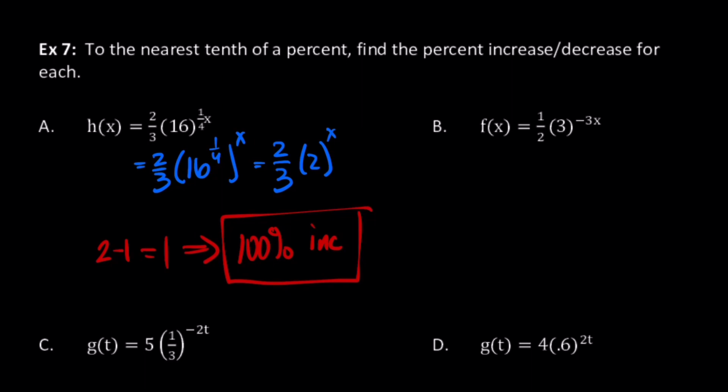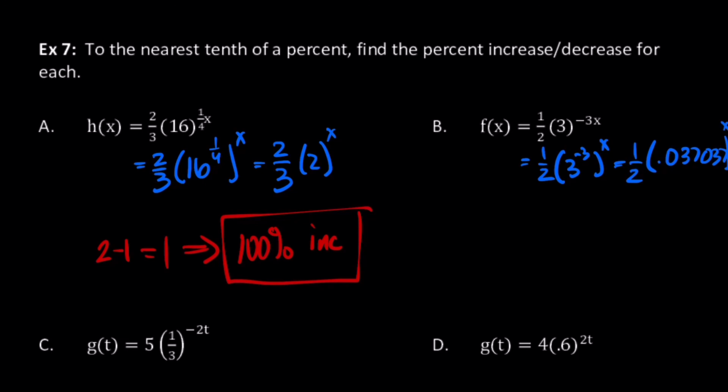Okay, so on the next one here, I've got to bring in that -3. So that's 1/2 times 3 to the -3 to the x. And since it wants it to the nearest 1/10 of a percent, I actually have to break out the calculator. 3 to the -3, which is 1/27. I got 0.037037. And that would be to the x.